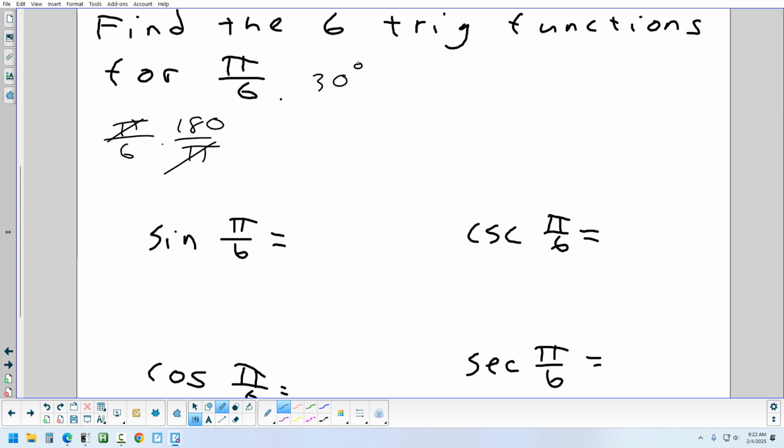So is the 30-degree problem the one where the x and the y are the same coordinate, or they're different? Different. So it's the one with the 1/2 and the root 3/2. If you forget the order, which is important, draw your triangle. Put 30 in a roughly accurate spot. It's less than a half.